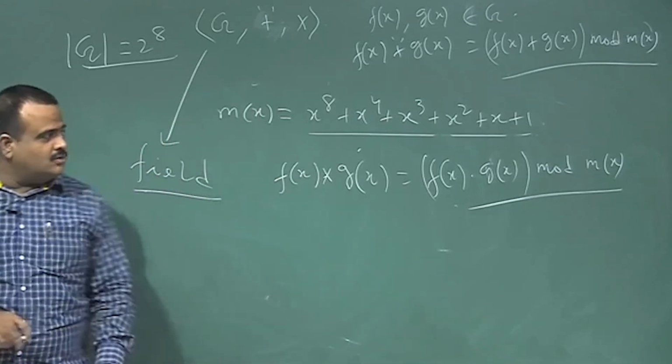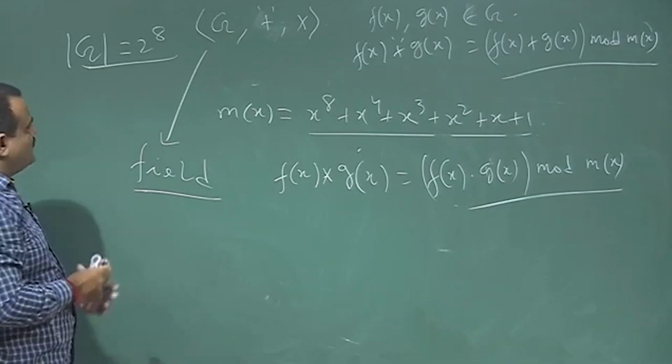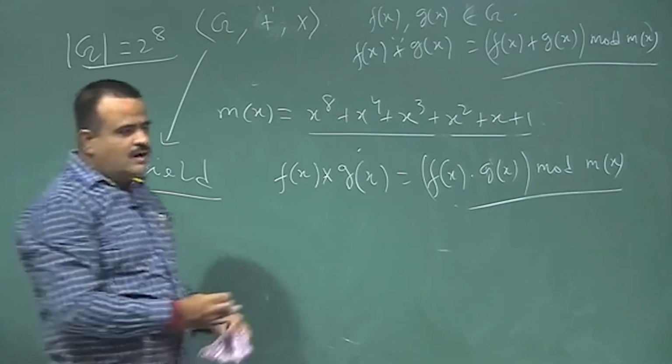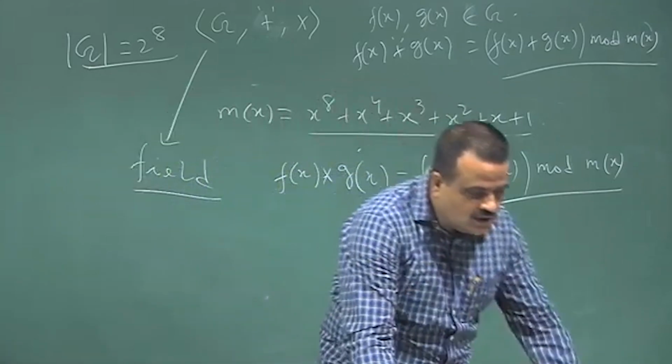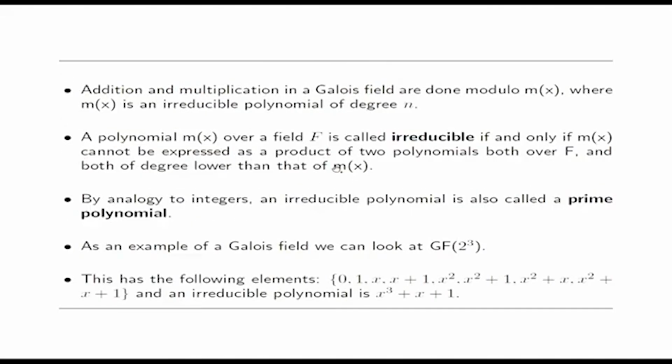This field is called a finite field because the number of elements is finite, and it is also called a Galois field. This comes from the irreducible polynomial. We have to choose an irreducible polynomial, also called a prime polynomial because it has no factor other than 1 and m(x); it cannot be reduced further.